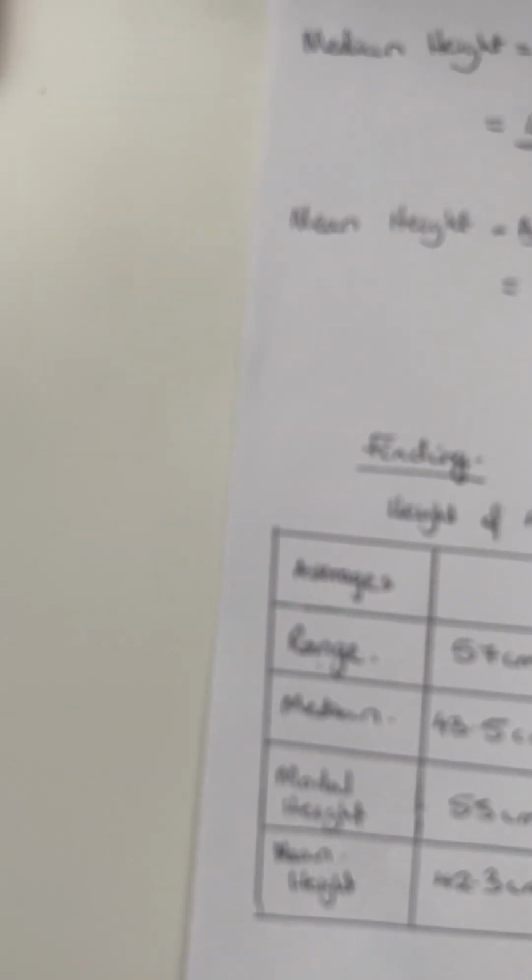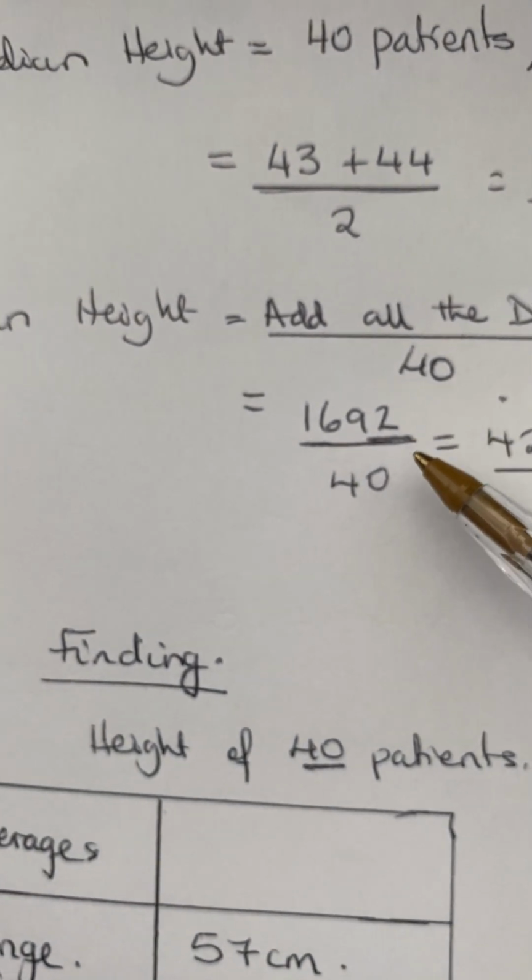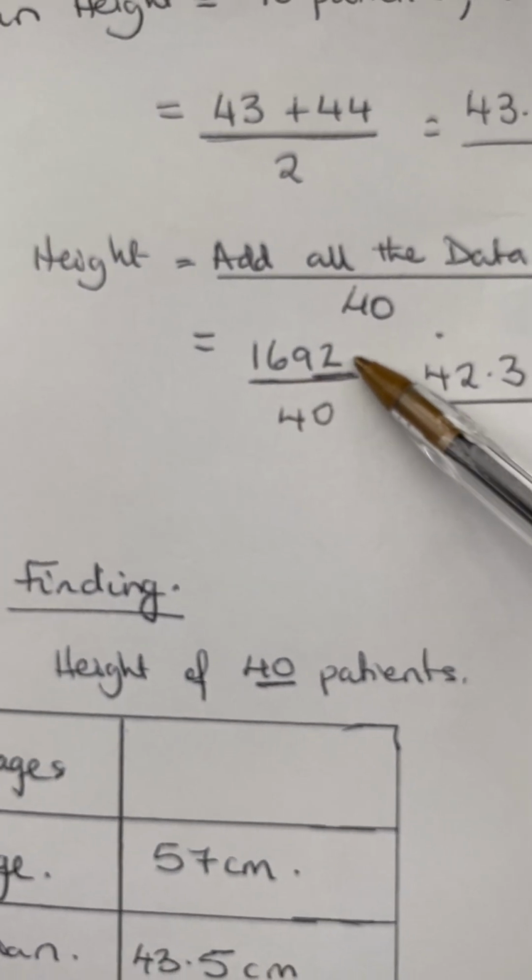So when I did that on the calculator, so here you can do it yourself too, okay. Try and get used to your calculator. So when I did that, I got a total of 1692.